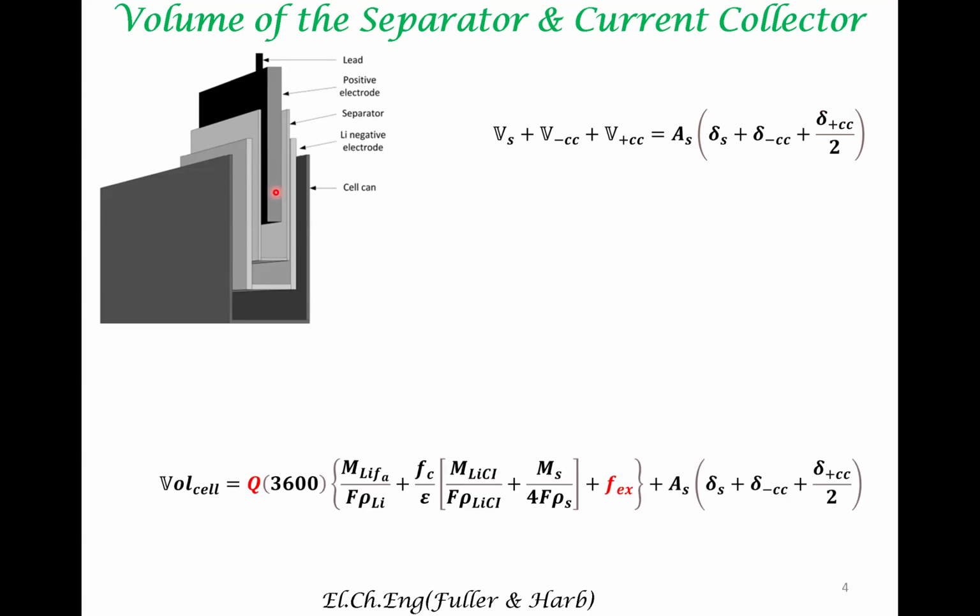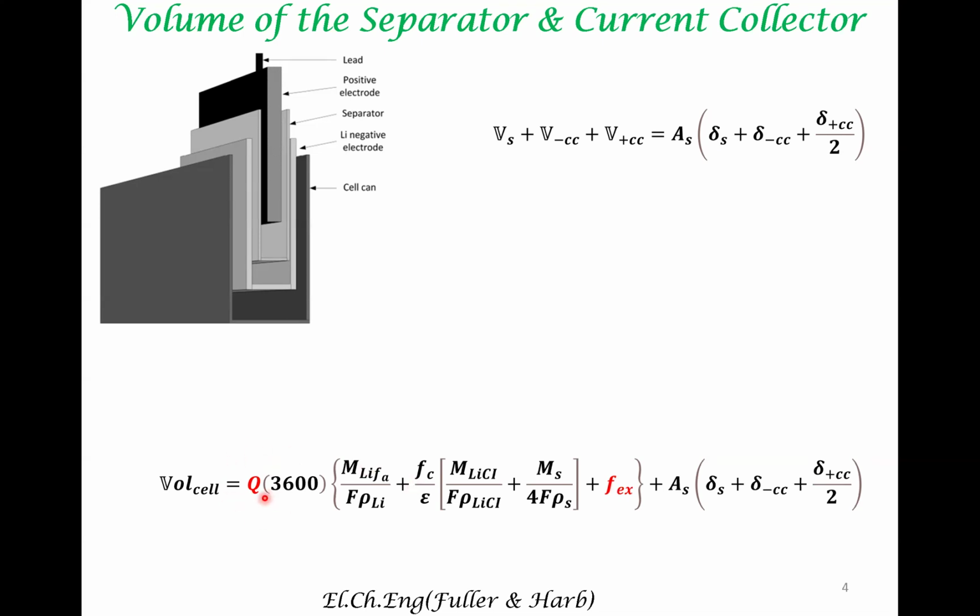So the overall volume is the sum of contributions from the different components. So you have the negative electrode component, positive electrode component, then there is this component Fx that is used for specifying the volume requirement from the gases that are being evolved as a product.